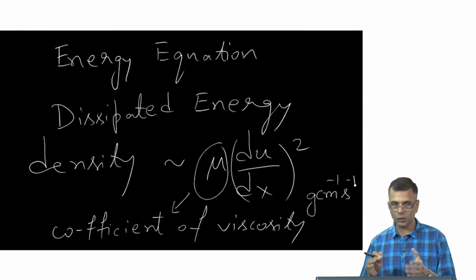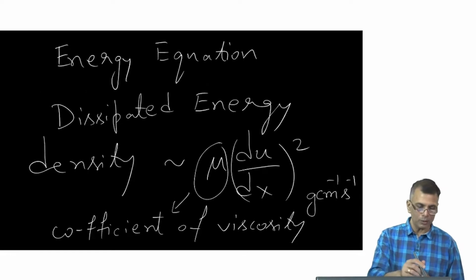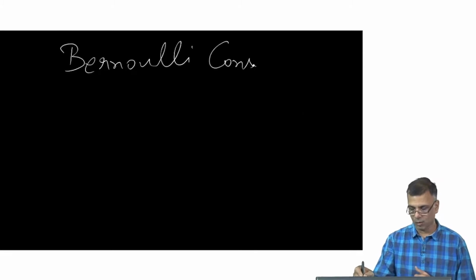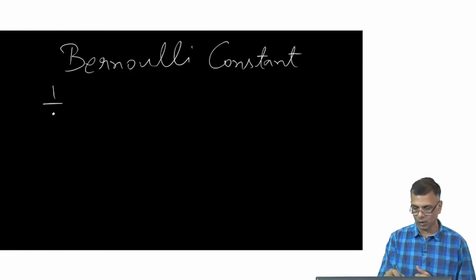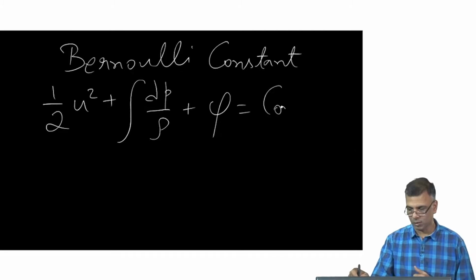So this was the main focus of what we did last time. We also remarked that we had already seen the energy equation in a slightly different guise in the form of a Bernoulli constant, something like 1/2 u squared plus enthalpy plus phi equals constant.